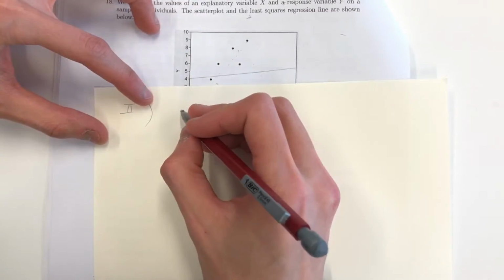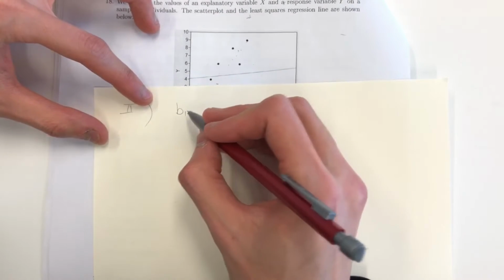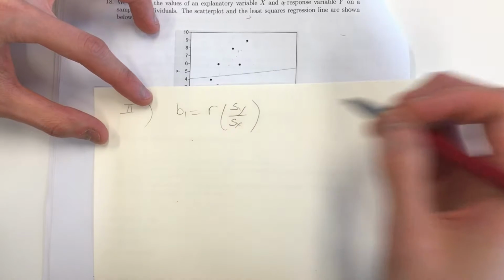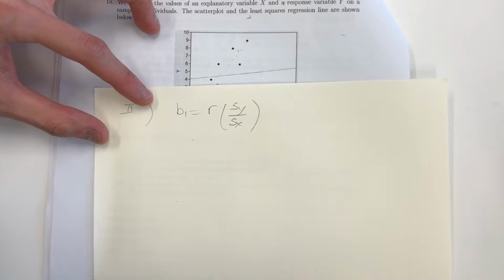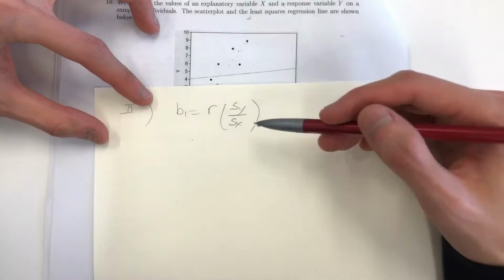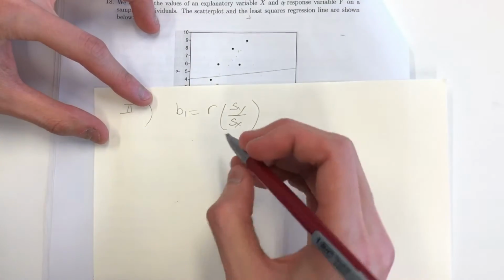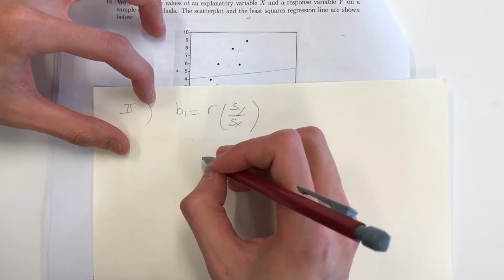Number 2, so recall that our slope is equal to our correlation times the standard deviation ratio between our response and explanatory variable. You won't need to memorize this formula as it will be given to you on the exam. So I'm going to rewrite r in terms of its equation.